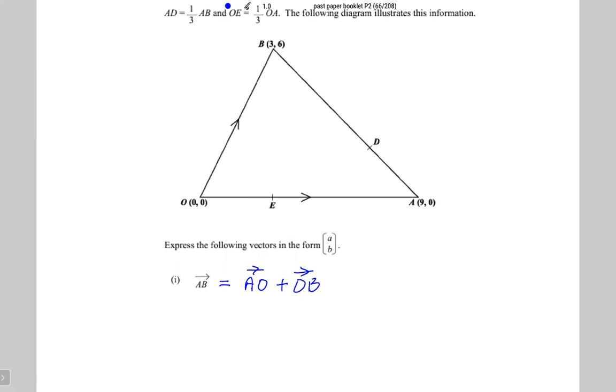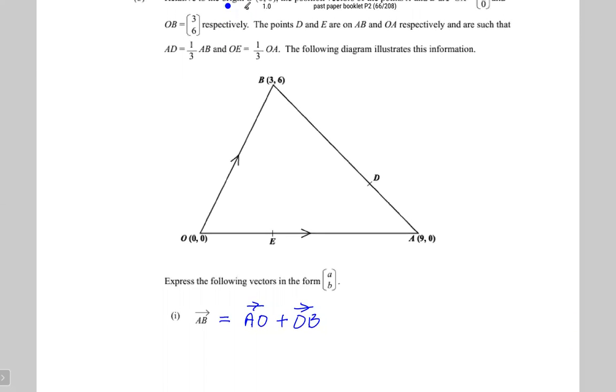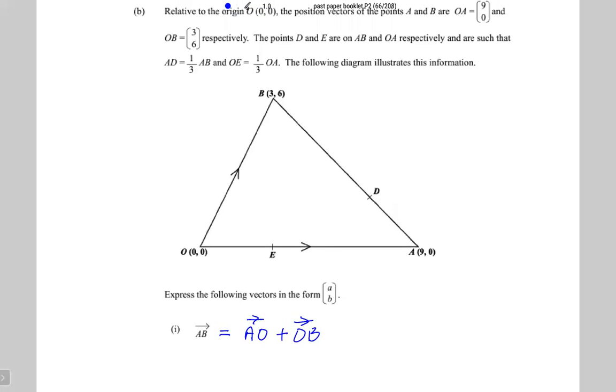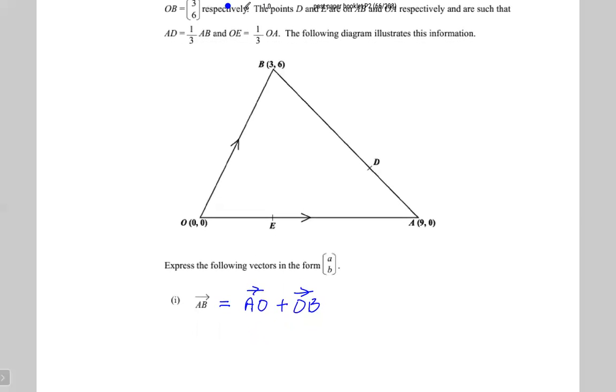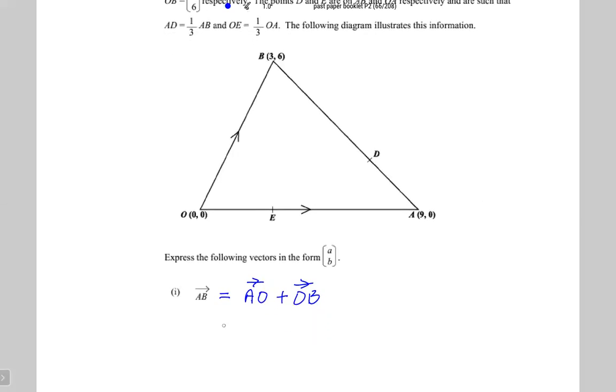All right, first of all, we have OA. OA is 9, 0. So AO is minus OA. So this is minus 9, 0 plus OB, which is 3, 6. So this becomes minus 9 plus 3 and 0 plus 6.